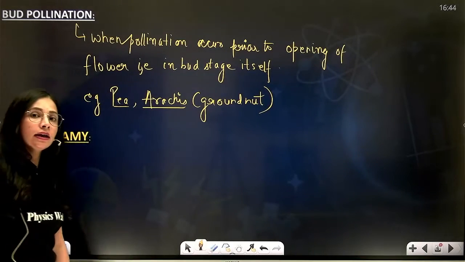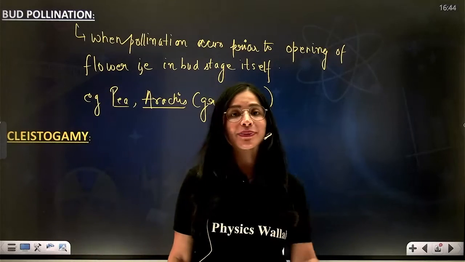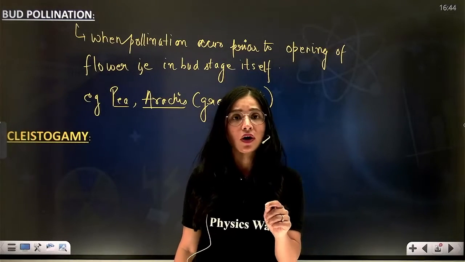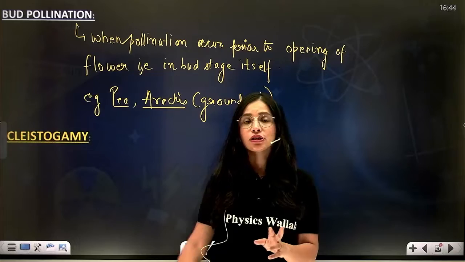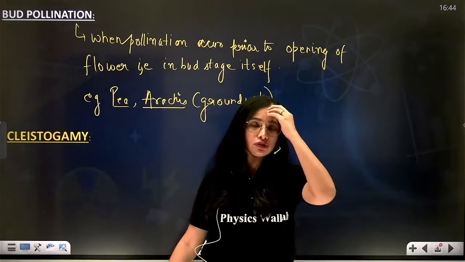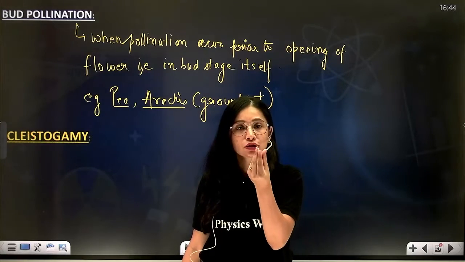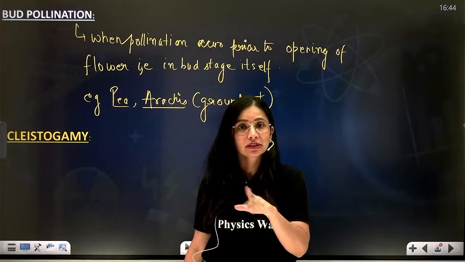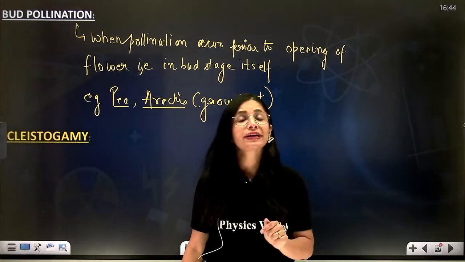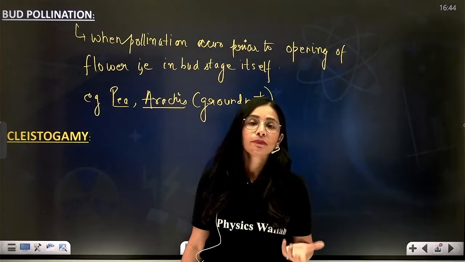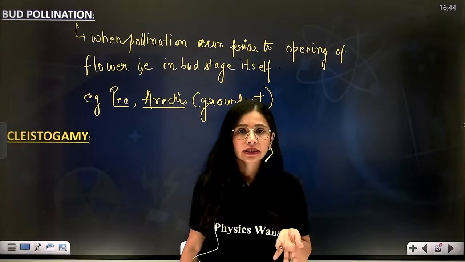Right? The next contrivance which 100% ensures self-pollination is cleistogamy. Cleistogamy means those flowers which never open. Now suppose there's a bisexual flower which is cleistogamous, which can never open, which will always remain in bud stage. So beta, where will its pollen grain go?